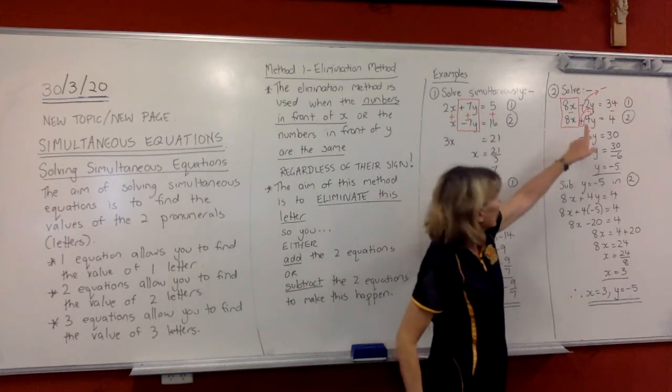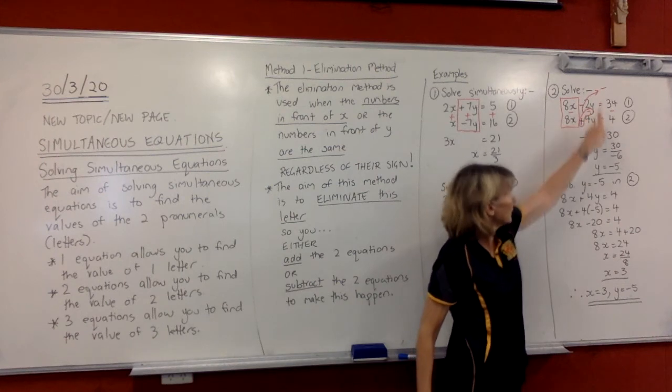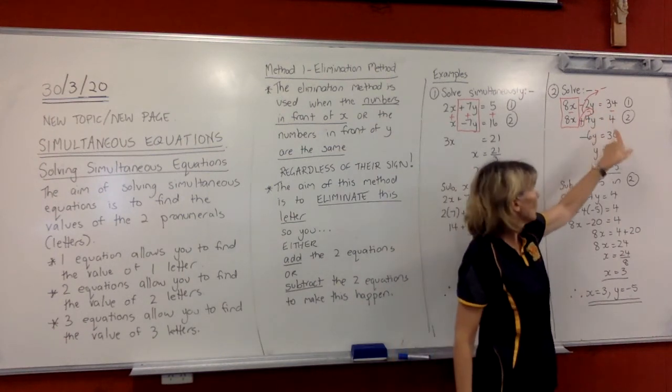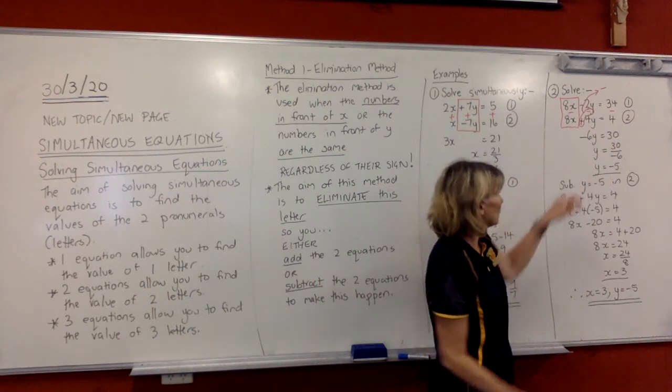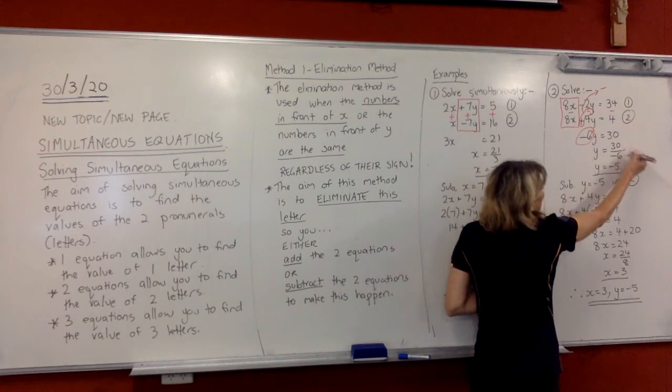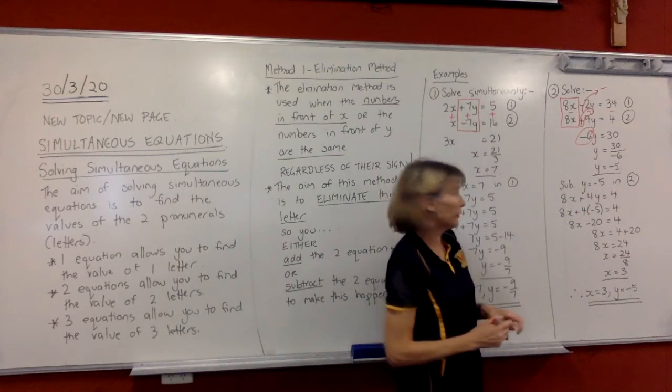So really what you're looking at is minus 2y minus 4y, which is minus 6y. 34 minus 4 gives you 30. Then we're going to go through and solve that equation. And you get y equals minus 5.